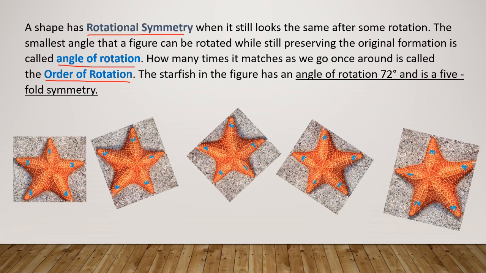As you can see, this is the original position of the starfish. If we are going to rotate about 72 degrees, as you can see, one was here, now one is already here. So when we rotate about 72 degrees, this looks exactly the same as the original position of the starfish.